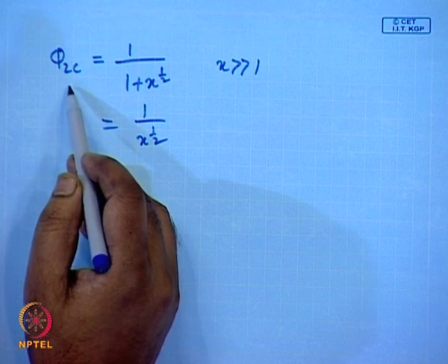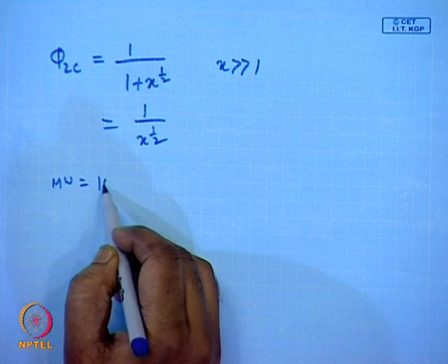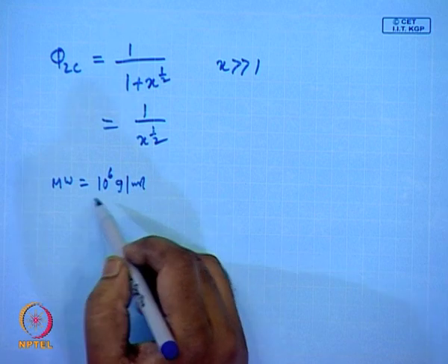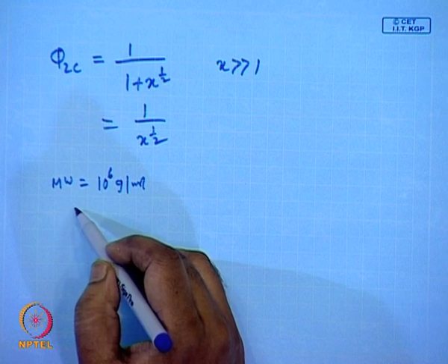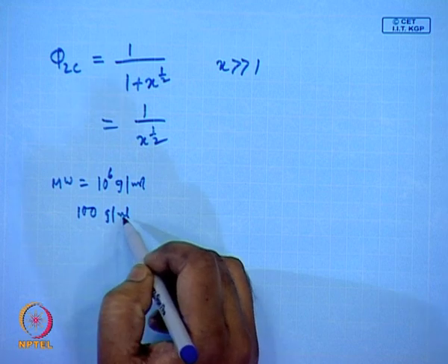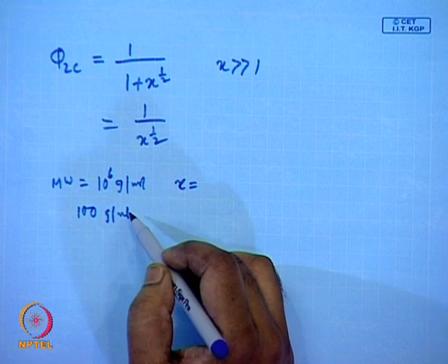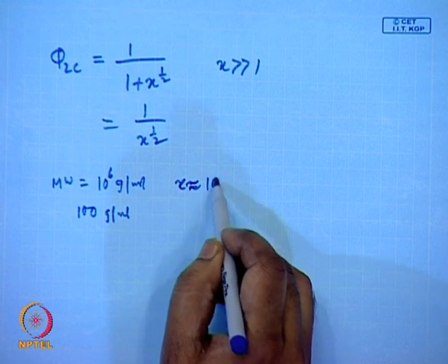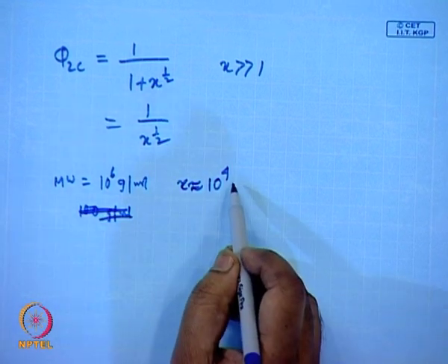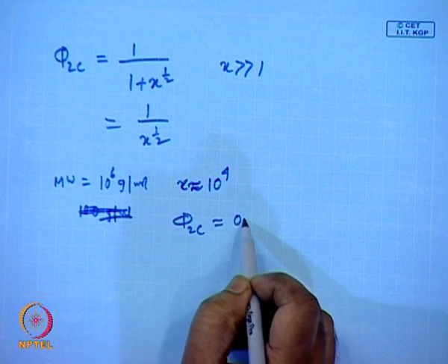polymer concentration. If we have, say, a polymer having a molecular weight of 1 million, 10 to the power 6 gram per mole, and the repeating unit molecular weight is 100, then x would be close to 10 to the power 4, and then phi 2 c would be 0.01.